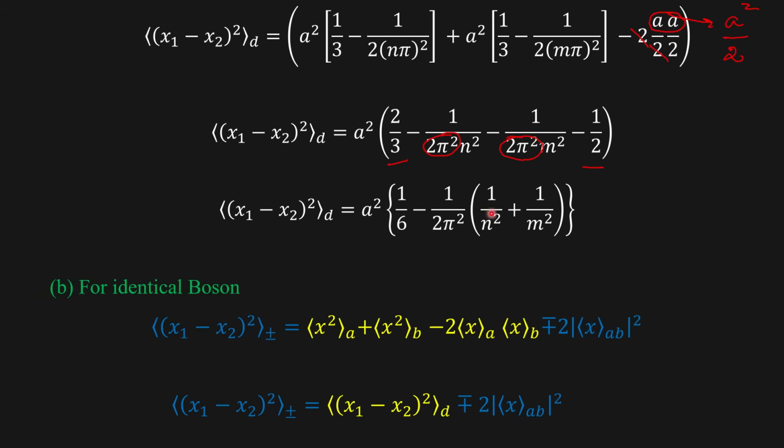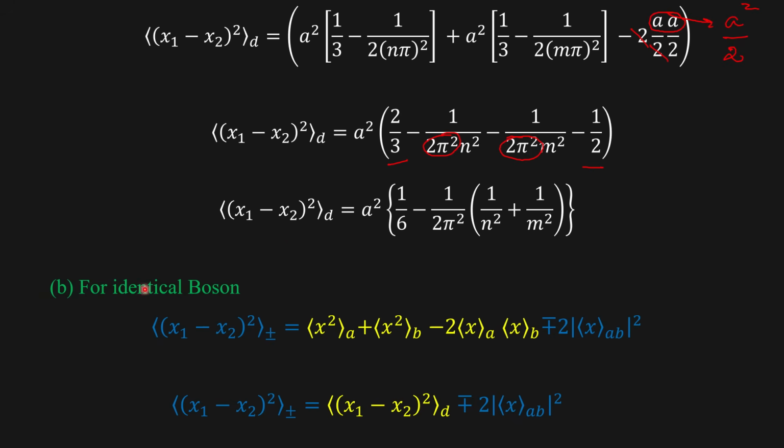Then this becomes 1 over n squared plus 1 over m squared. This is the expectation value of the square of the distance between particle 1 and particle 2 when they are distinguishable.